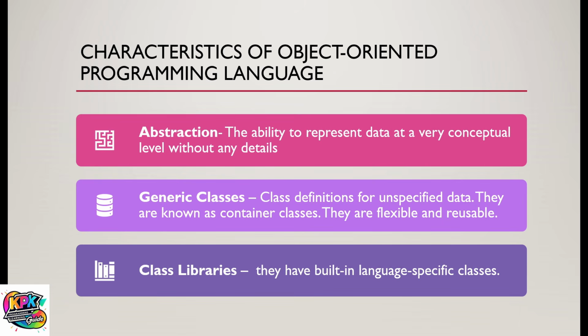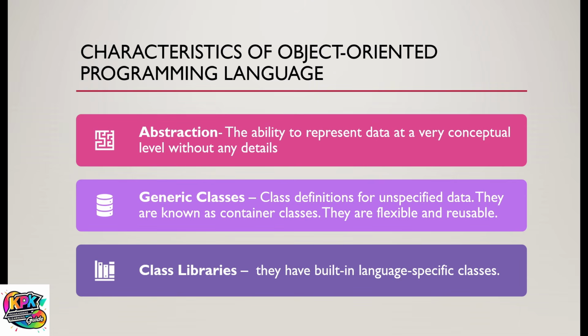Abstraction. When we talk about abstraction, all we are saying is the ability to represent data at a very conceptual level without any details. A typical example of abstraction is having a coffee machine. You just add water and then probably add some coffee. You press a button and then you get the coffee.